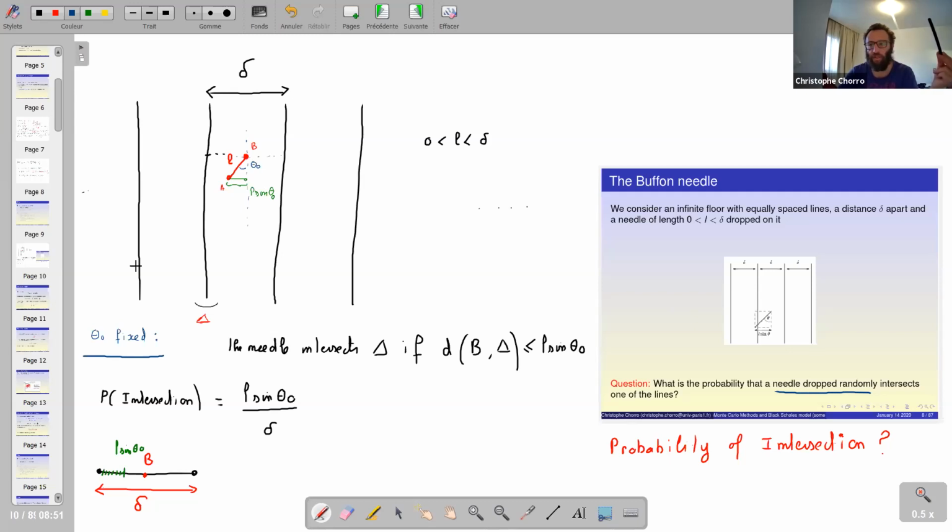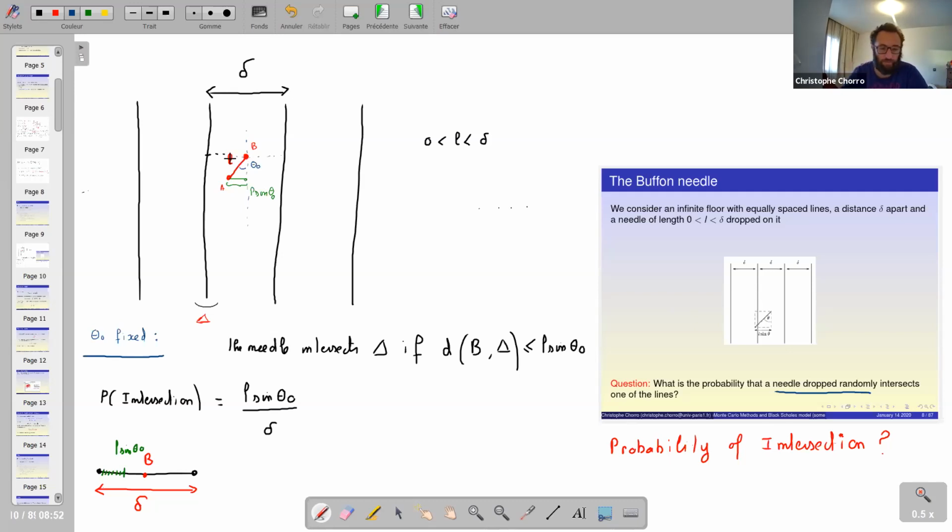If you have a situation where I drop my needle this way and I obtain something like this, this situation is completely equivalent to this one. If I turn it, in other words, if you have AB here or BA, you can't see anything different between these two.